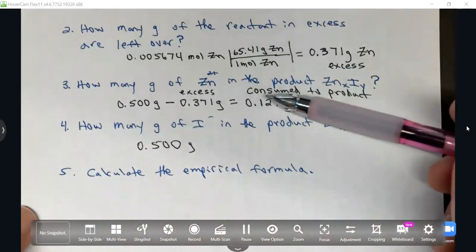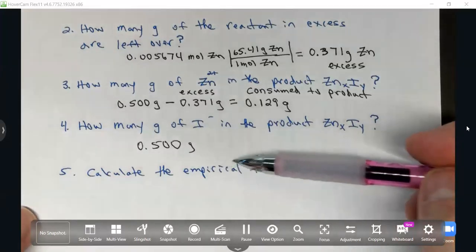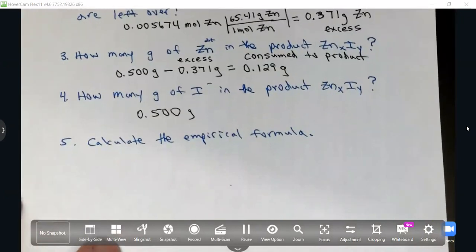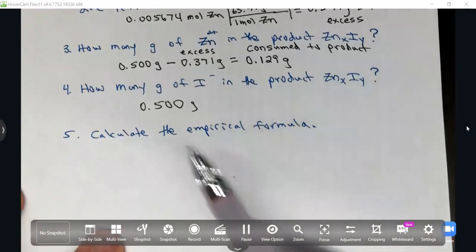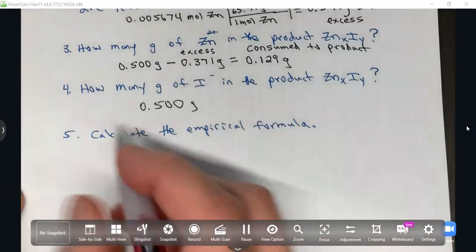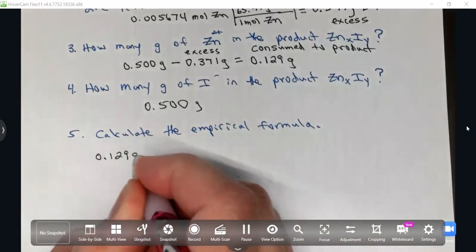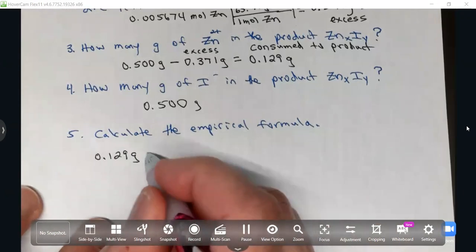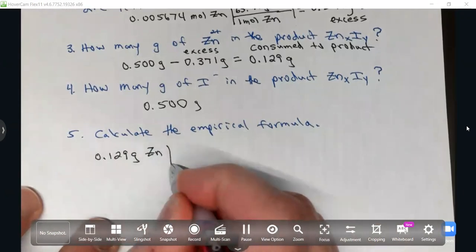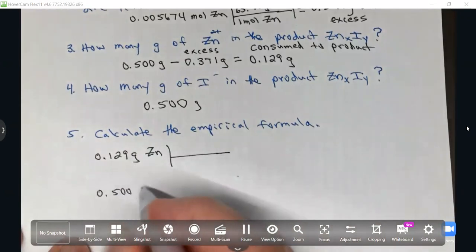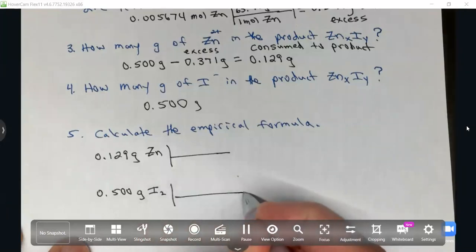Now, you're going to actually have real grams that you're going to calculate the empirical formula with in lab. So you'll have some experimental grams here, but at this point, to calculate the empirical formula, we could take our 0.129 grams of zinc and convert it to moles, and our 0.5 grams of iodine and convert to moles.